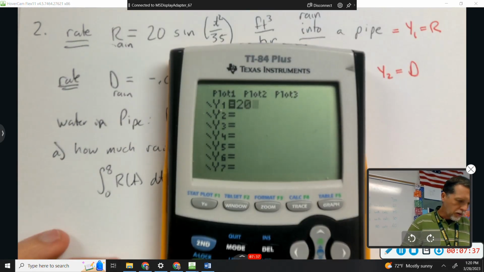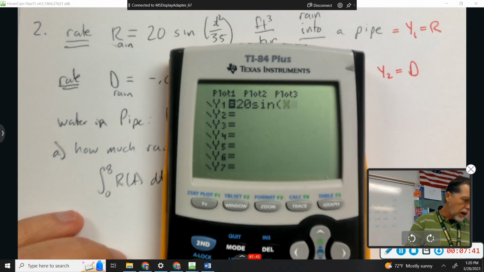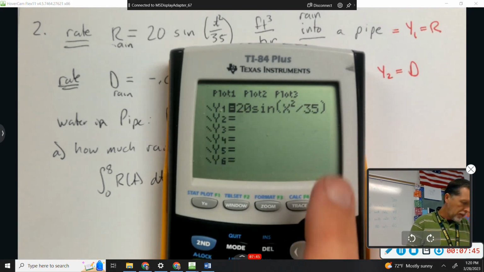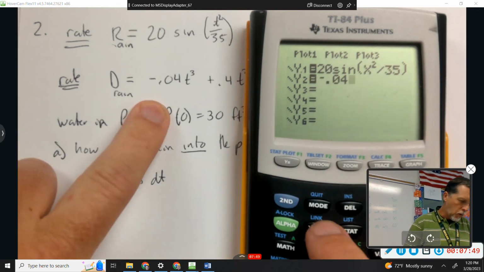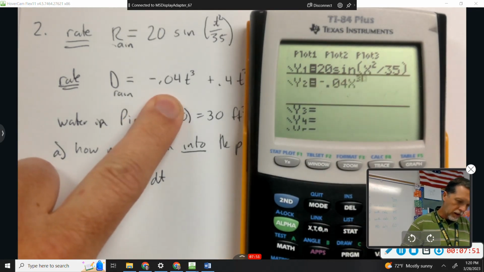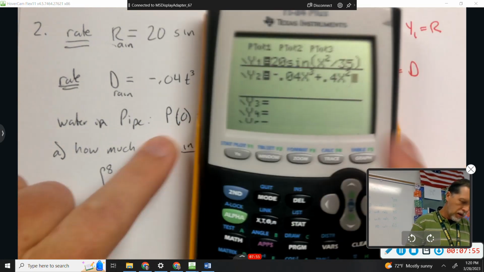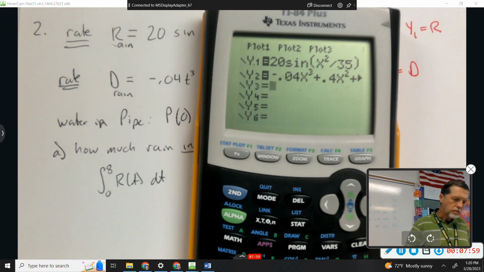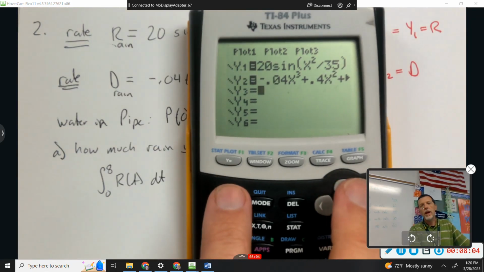So Y1, 20 sine of x squared over 35. Y2, negative 0.04x cubed plus 0.4x squared plus 0.96x. Okay.